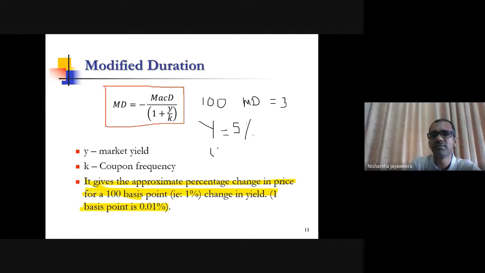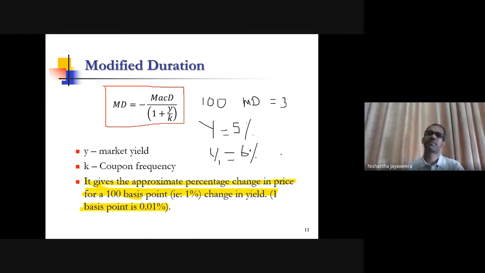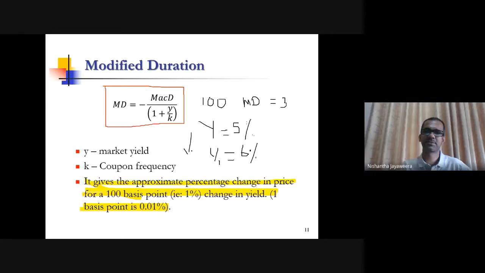What would happen when yields move to 6%? Yield increased by 1%. Correct? If the modified duration is 3, what does it mean? For a change in yield by 1%, the price of the bond would change by 3%. Okay. Now what's the new price?